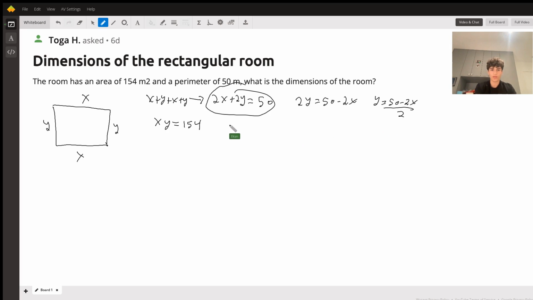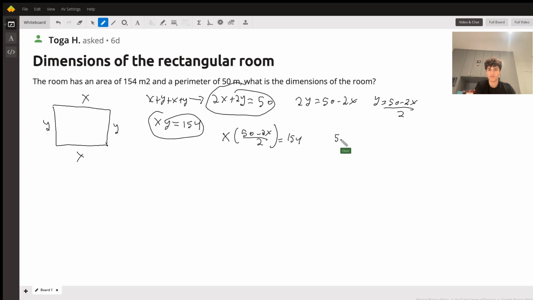So now what we can do is we can go back to this equation right here and say, well, we have x times y, but if y equals (50 minus 2x) over 2, we can put that in for that y here. So instead of x times y, we can say x times (50 minus 2x) over 2 equals 154.